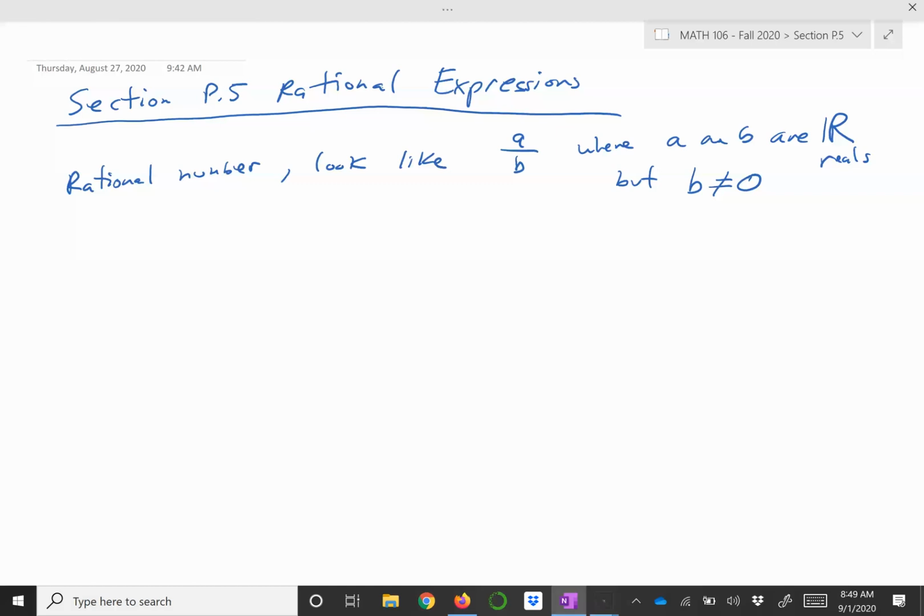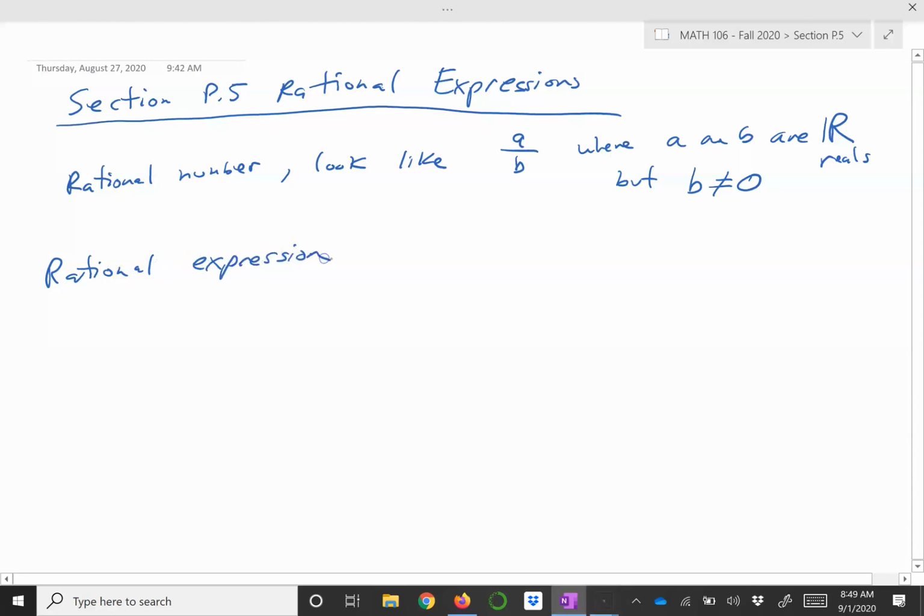Okay? So this section is a rational expression. So what's a rational? Remember, rational has the term ratio, right? Ratio is fraction. A rational expression is another term for a fraction, a quotient, right? When you're dividing one number through another. So a rational expression is a quotient.